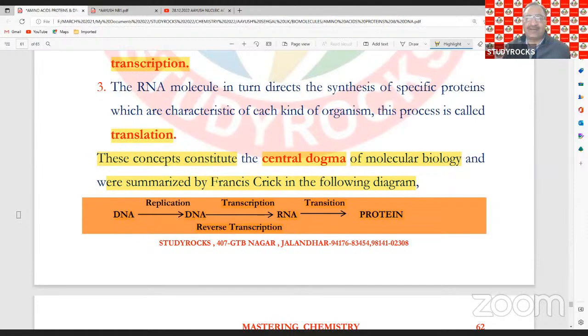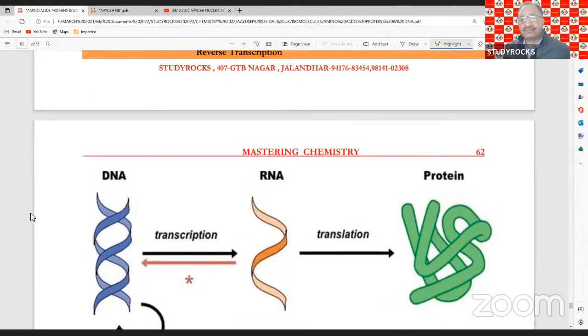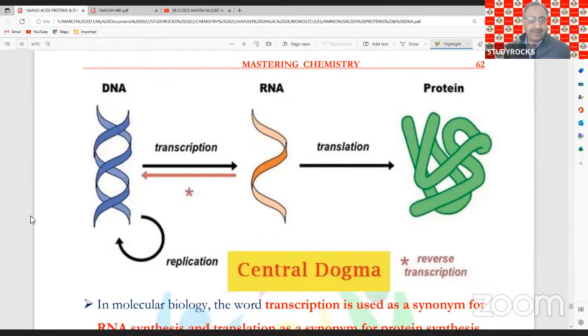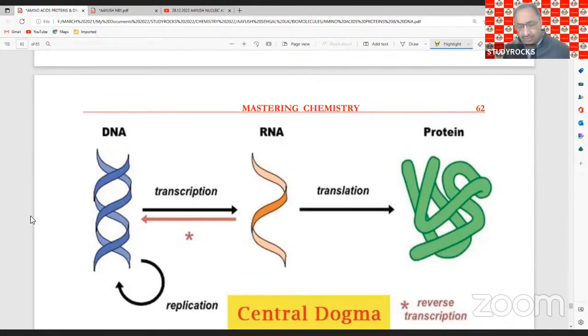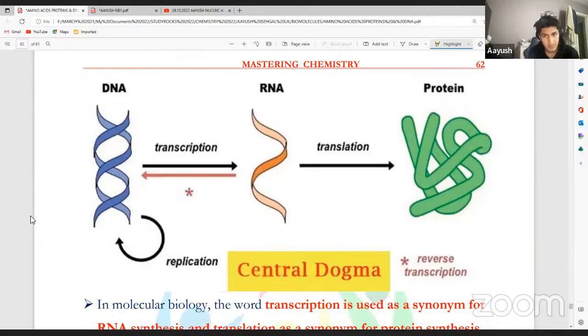A particular coding goes for a particular protein. This is DNA, transcription to RNA, then translation to protein. This is called the central dogma. You must have heard this word in bio, I think. Central dogma.